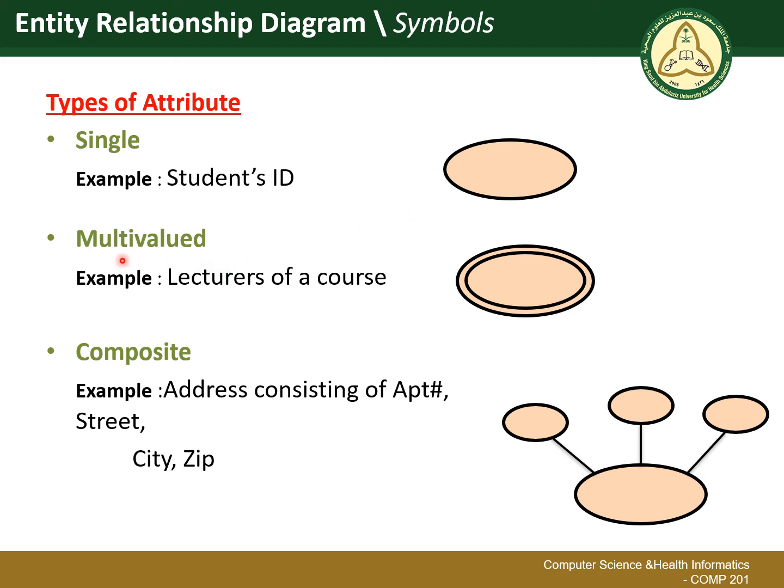We have the multi-valued attribute, where we can have multiple values for the attribute. We represent it with the double or duplicated oval shape. And the composite attribute is made up of more than one simple attribute.